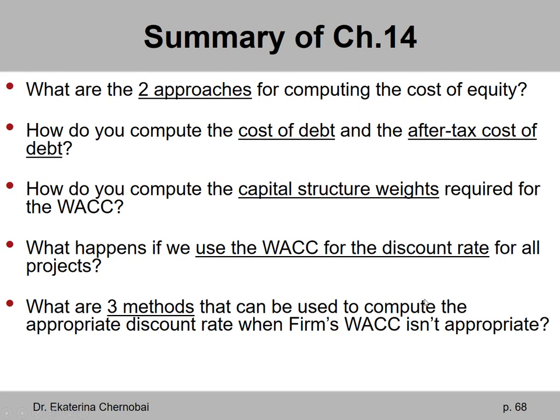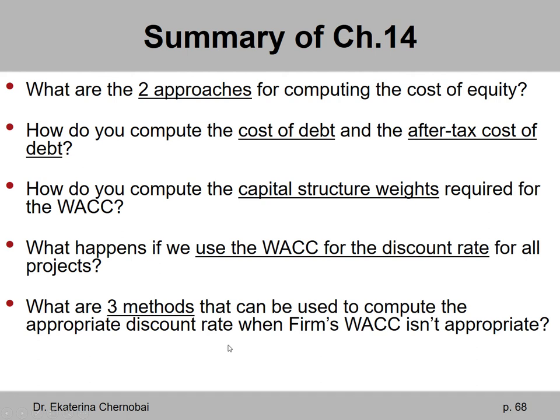What are the three methods that can be used to compute the appropriate discount rate when the firm's WACC isn't appropriate? One, we may borrow the rate of return from other companies that produce the same product as what our investment project would be all about. That's the pure play approach. Two, we may just add a couple of percent to our firm's WACC if the new project is riskier. That's the subjective approach, because we are adding a couple of percent subjectively.